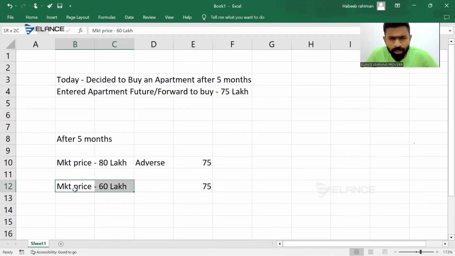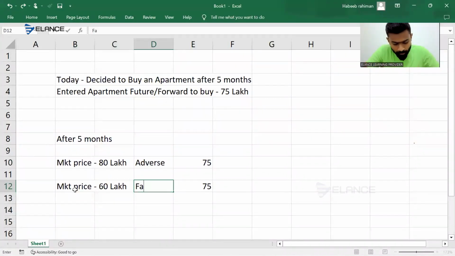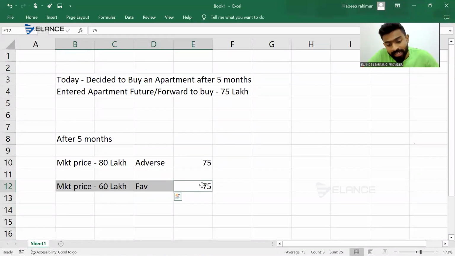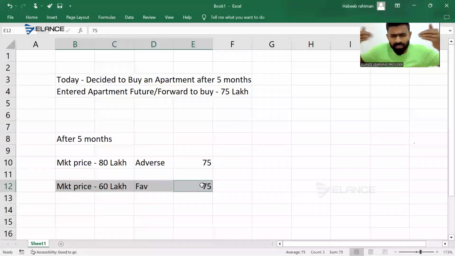Is it a favorable movement in the market or an adverse movement? It's a favorable movement, right? But since you already entered into the forward, you will lose the opportunity to take the advantageous movement in the market. Am I right? You won't be able to take the advantage in the market.